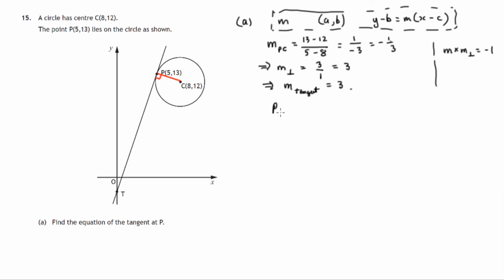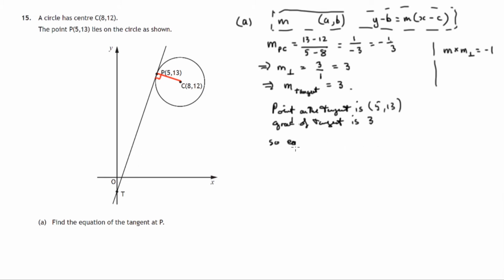So let's just summarize it all. A point on the tangent is (5, 13). Gradient of tangent is 3, 1 along 3 up. That looks good.